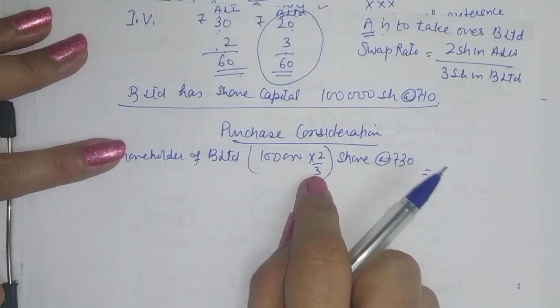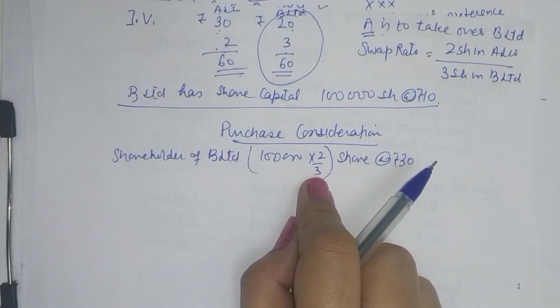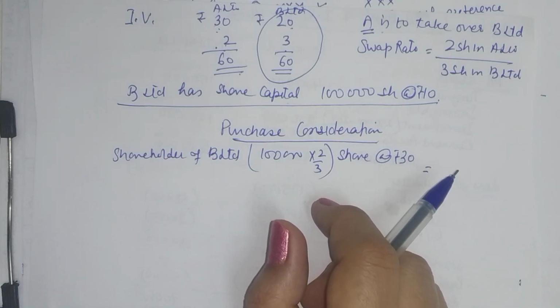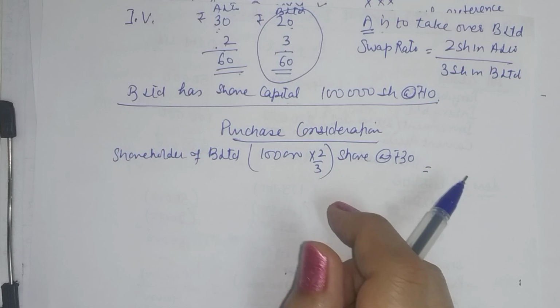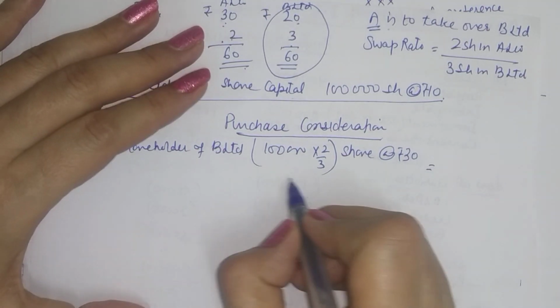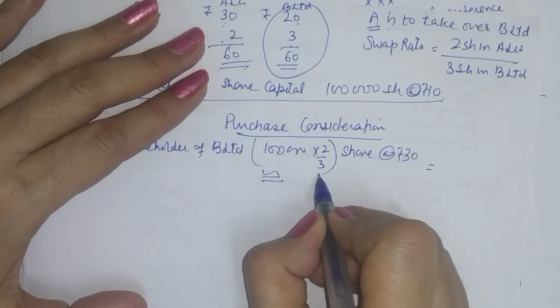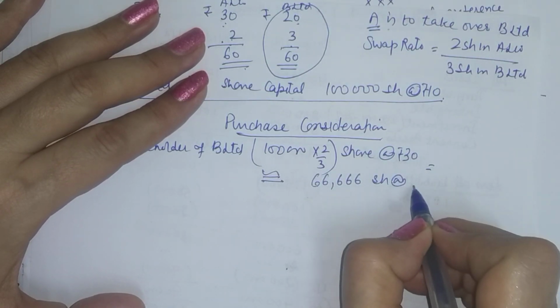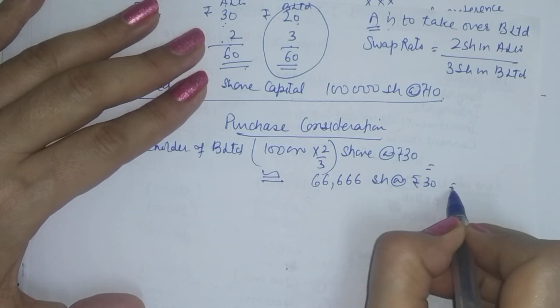If we multiply this, we get 66,666.66 shares. But we cannot offer 0.6666 shares. So it will be 66,666 shares at the rate of 30 rupees.